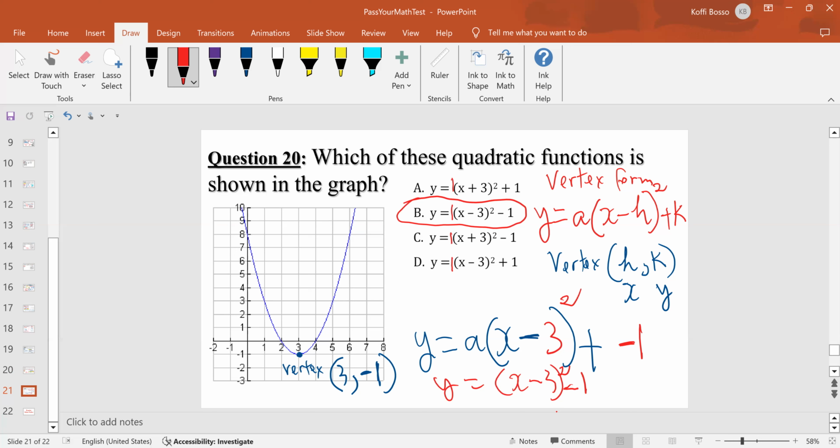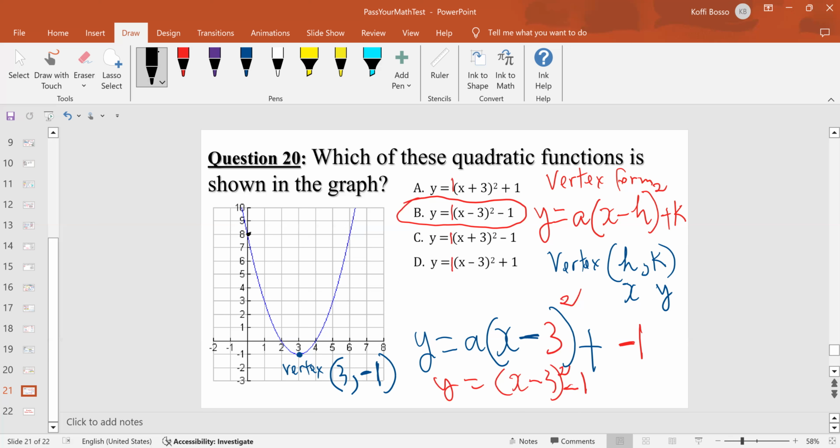Now, another method. Suppose you don't know this vertex form, but you want to solve the question. Yes, it's possible. For that, you're going to choose some point and plug it in the equation. We could choose, for example, the y-intercept. The y-intercept is where the graph crosses the y-axis.